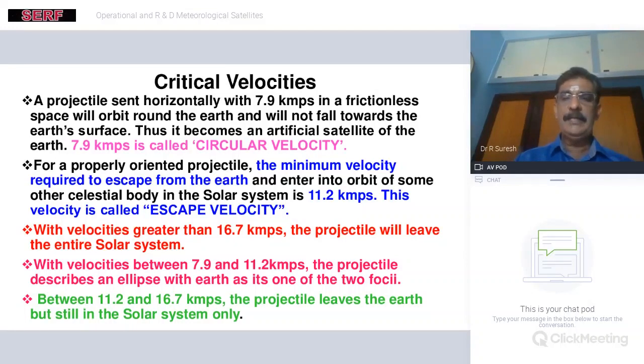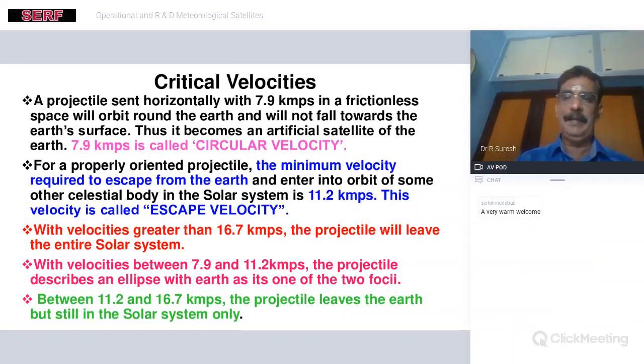The minimum velocity required to move away from the Earth's attraction, pulling power, etc., but still it will be in the same solar system, solar orbital system. That velocity, when exceeding 11.2 kilometer per second, is called the escape velocity. That is, it is escaping from the Earth. It will not fall back to Earth.